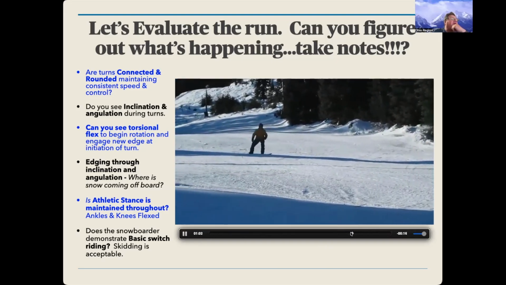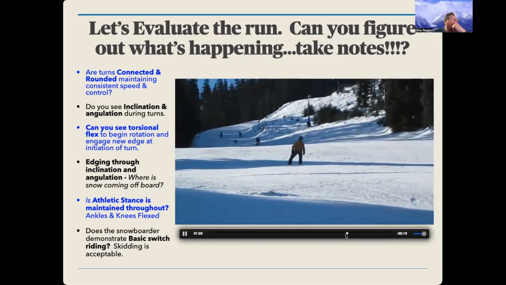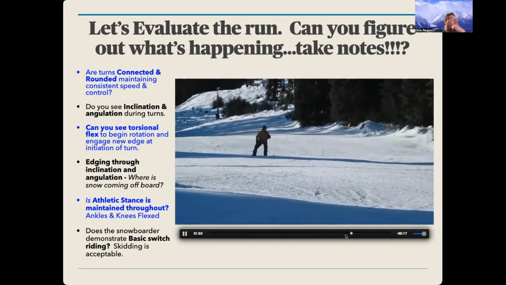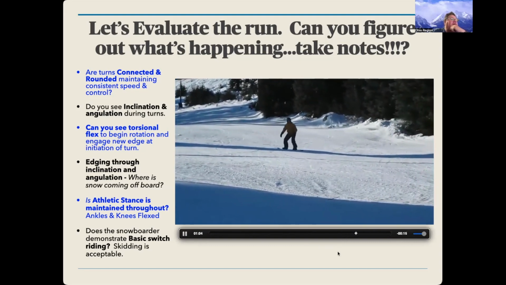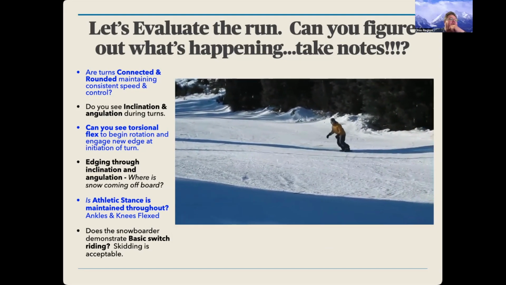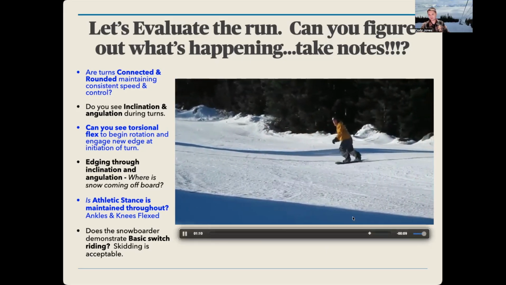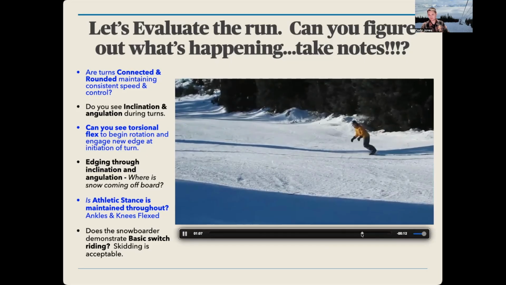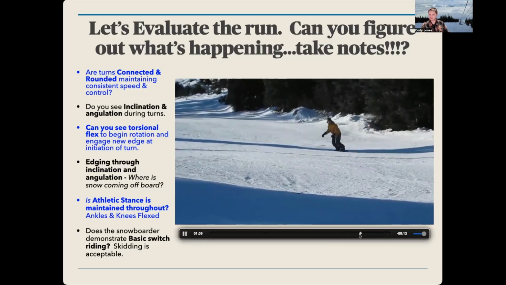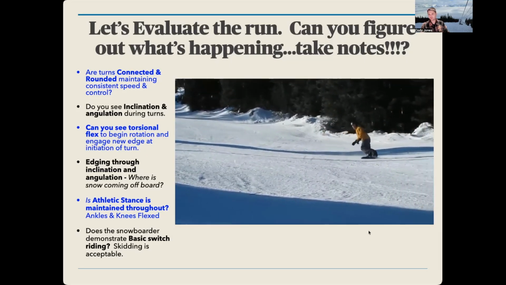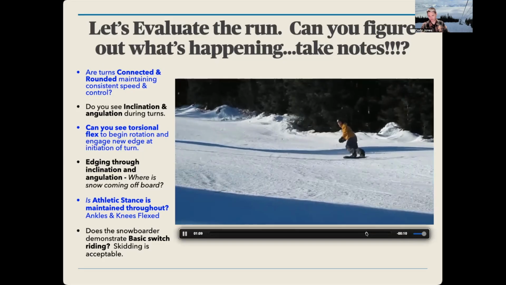Cody, what do you think of his athletic stance throughout this? Is he maintaining it, or is he compensating for it? So if we go back just a tiny bit, he actually has a fairly good flex in his ankles and in his knees, but you can see that his shoulders are broken over a little bit, whereas his back should be a little bit straighter.